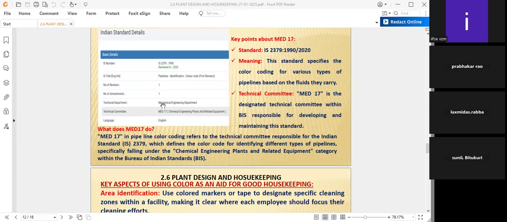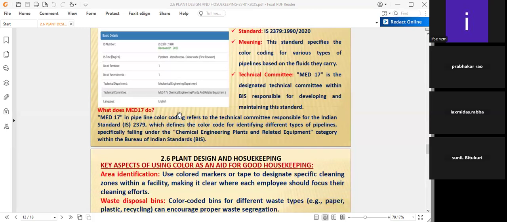This is to be taken care of by the technical department or mechanical engineering department, depending upon the organizational culture, practices and organization chart. The technical committee is called MED 17, Chemical Engineering Plants and Related Equipment.